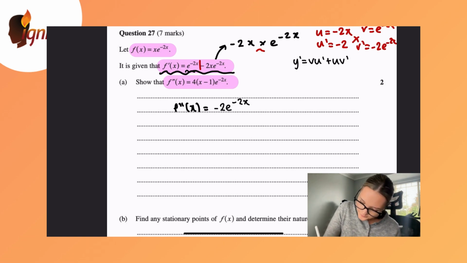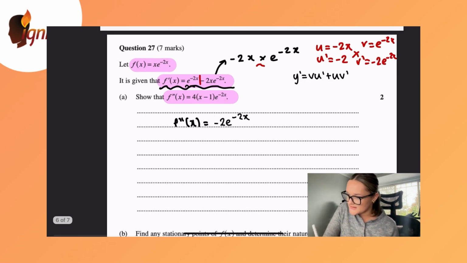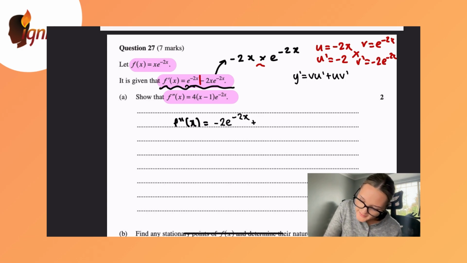So I have negative 2 e to the negative 2x plus 4x e to the negative 2x minus 2 e to the negative 2x.